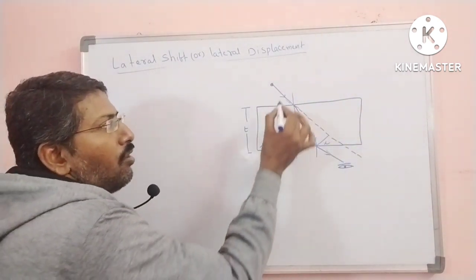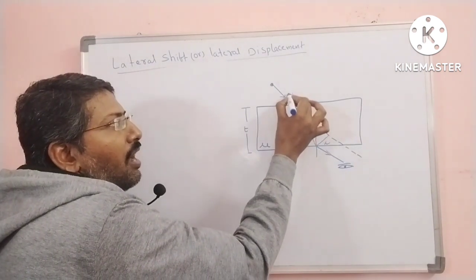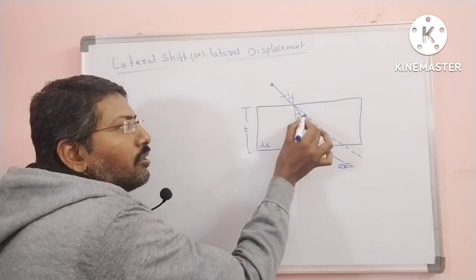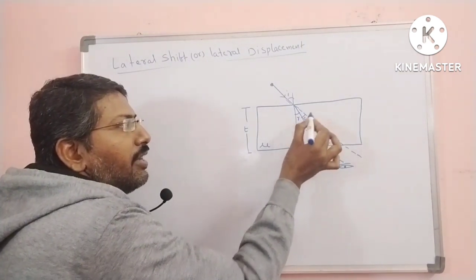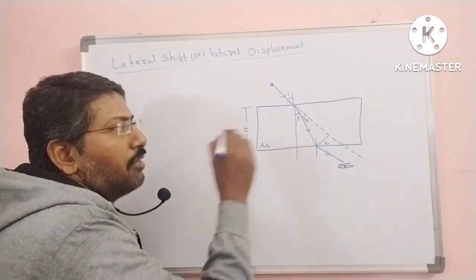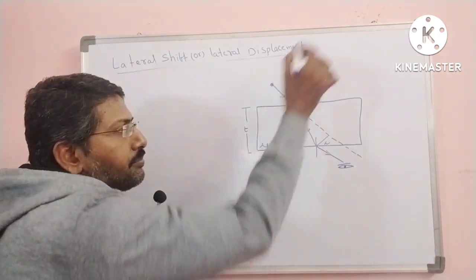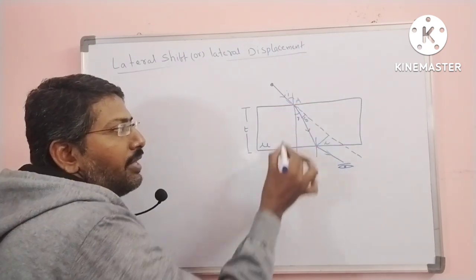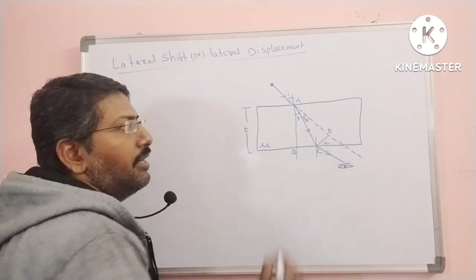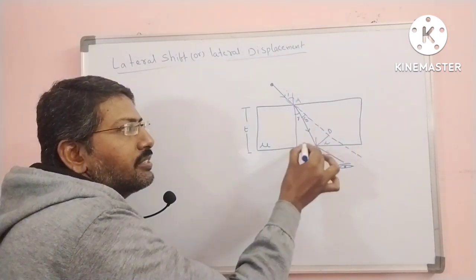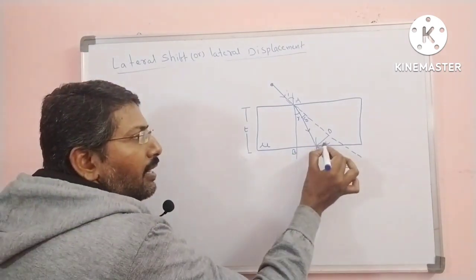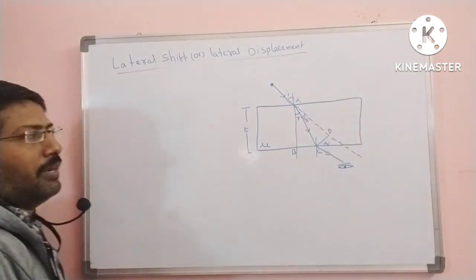See here, now the angle of incidence is I, the angle of refraction is R, and this one represents the angle of deviation delta. Observe very carefully here. I named the points A, B, C, D. ADC is a right angle triangle. My aim is to calculate the lateral displacement.